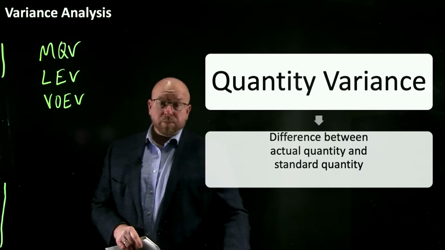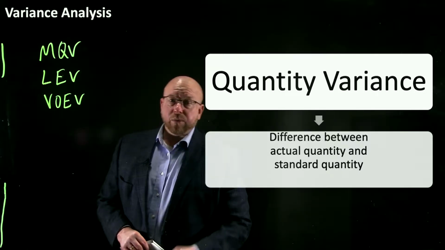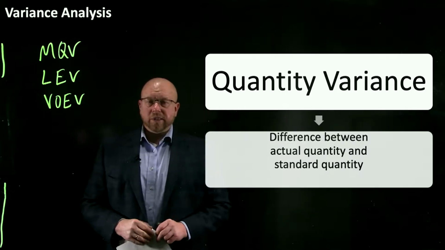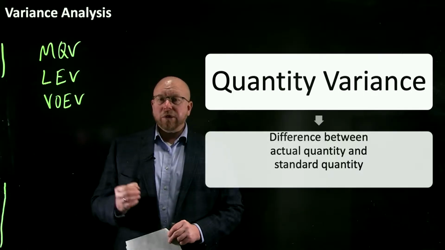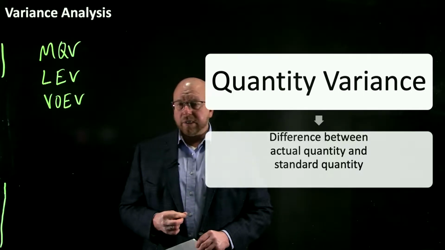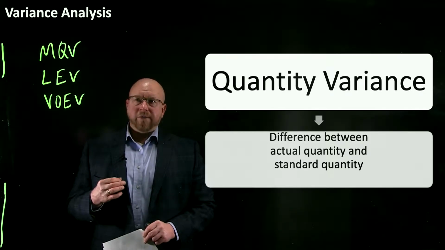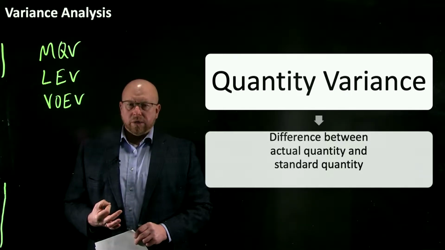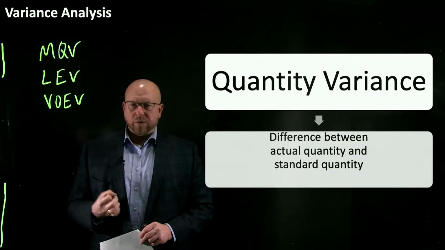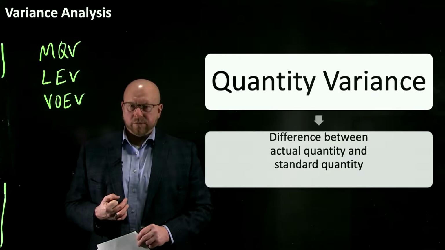There are 3 price-related variances, 3 quantity or efficiency-related variances. Once you know how to calculate one of these variances, the other ones fall in line pretty easily, and they have a common structure that should make it easy. Once you understand one, you should be able to understand the others.